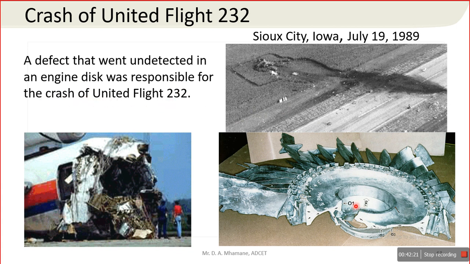See here in this image, 1, 2 and 3. These are the three locations where cracks went undetected, and these arrows show the propagation of the crack. So these three cracks are undetected, and these cracks are responsible for this plane crash.